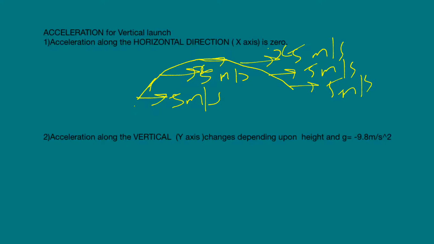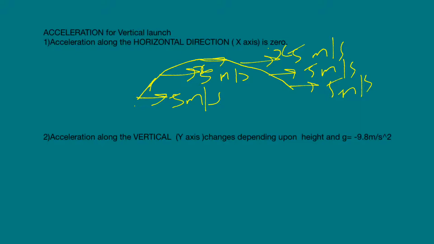So we can say the velocity is constant. If velocity is constant, there is no acceleration, because acceleration is defined as rate of change of velocity.